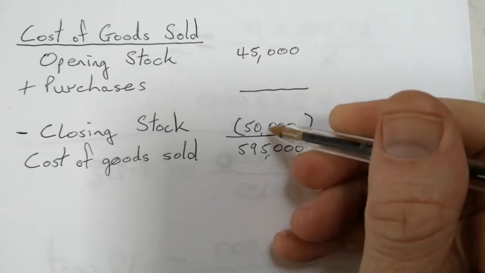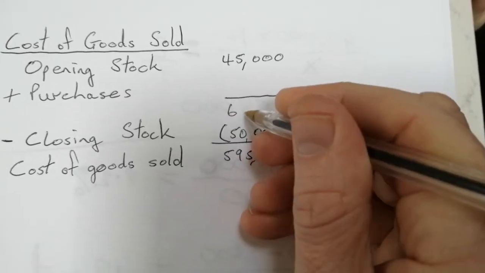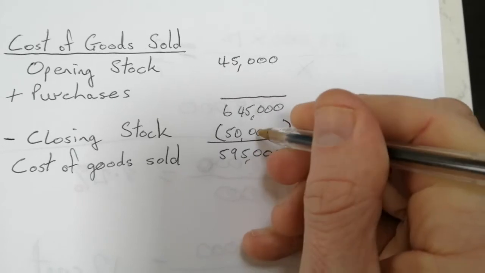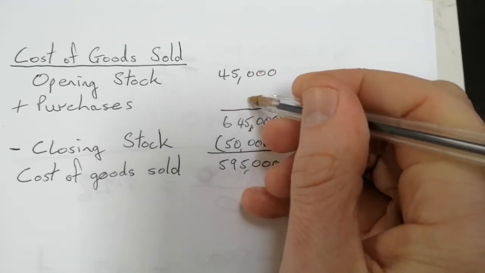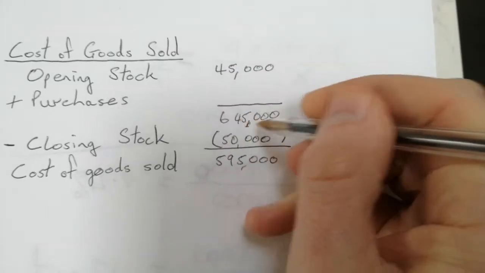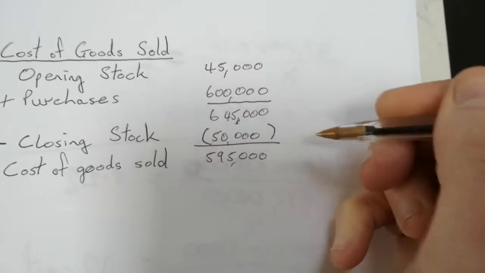Well, that something must be, if I add the 50 back on here, 645,000. So 595 plus 50 is 645. And then we know that opening stock plus something gives me 645. Well, if I subtract the 45 from this, I get the purchases, 600,000.